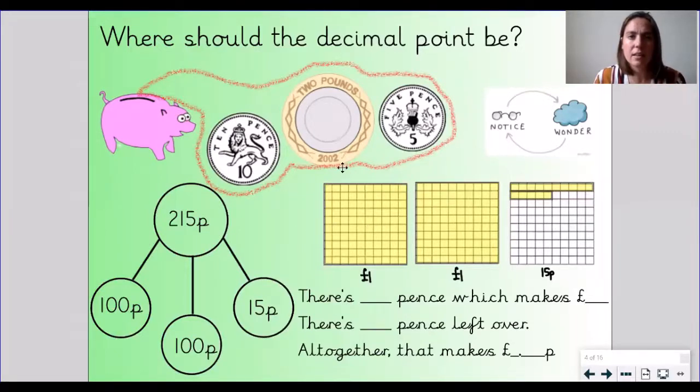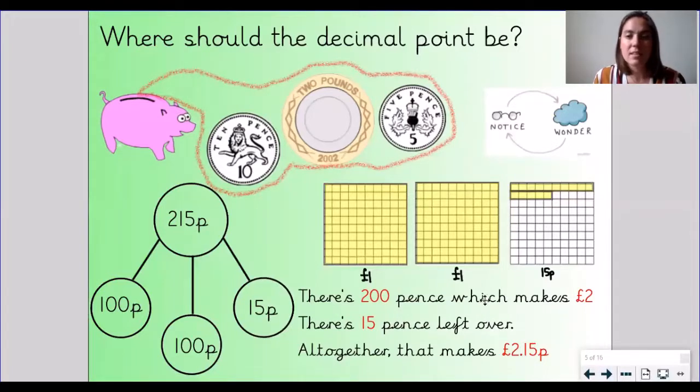You can see here this £1 is representing this 100 pence, this £1 is representing this 100 pence, and then what's left over is my 15p, and I've got 15p here too. So for my 215p, how many pence, which makes how many pounds, and how many pence left over?